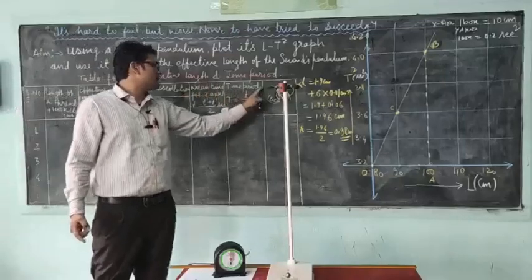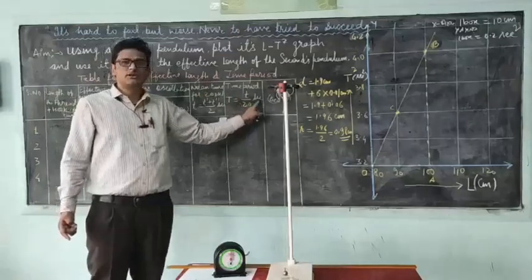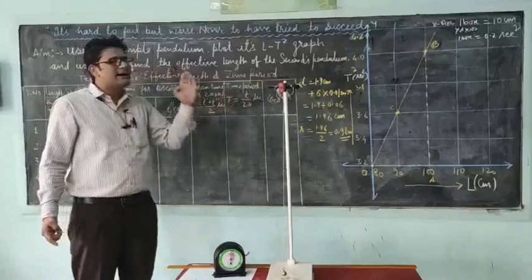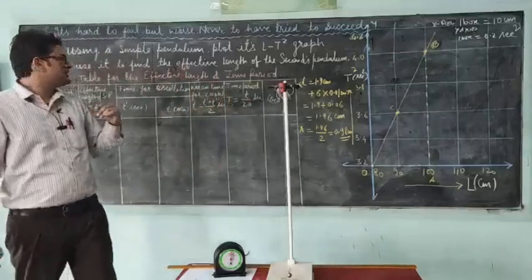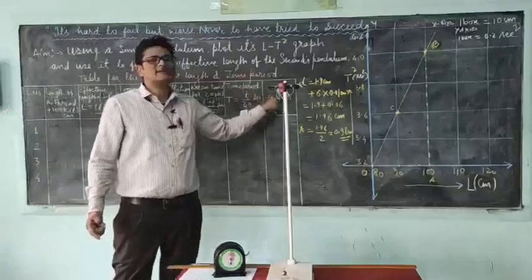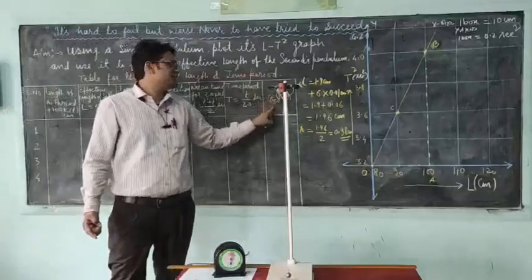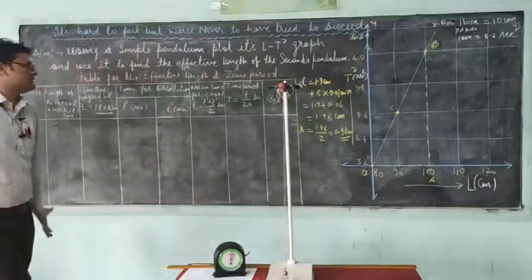Then the time period T is equal to the mean time divided by 20 seconds. This is the time taken by the ball to oscillate from the mean position, and the last column is the square of the time period, in second square. This is the table.